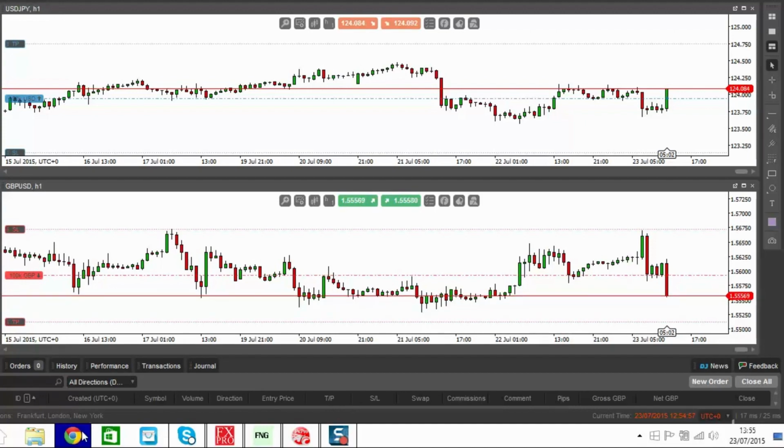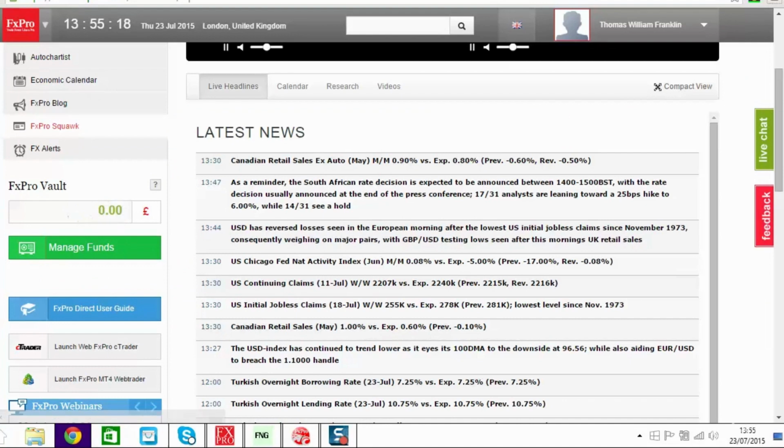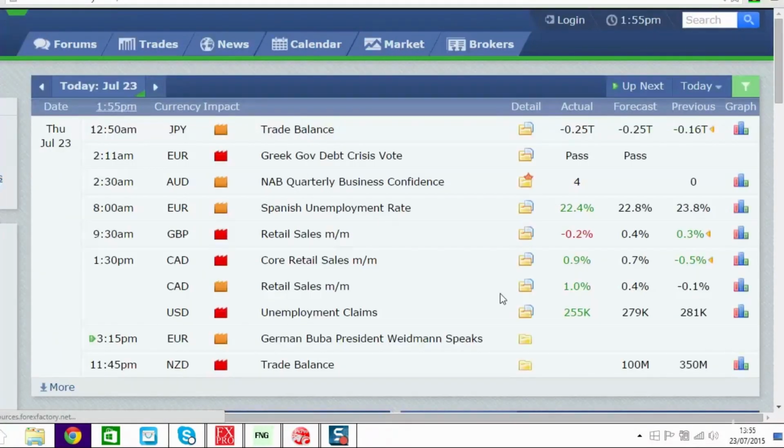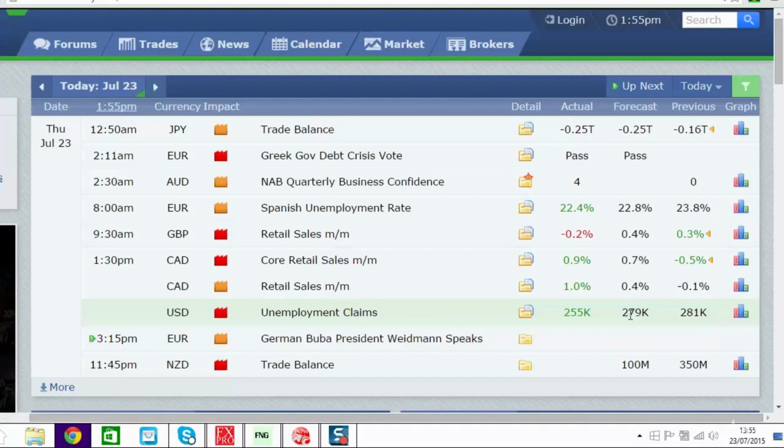So let's first of all go to the economic calendar in terms of what the event was that we were trading. So it's this one here, unemployment claims from the US. So it's an employment figure, so very, very important. Let me just refresh the screen so I can show you the actual figure that came in. As you can see here, we're expecting 279,000 people to be unemployed and claiming benefits in America.